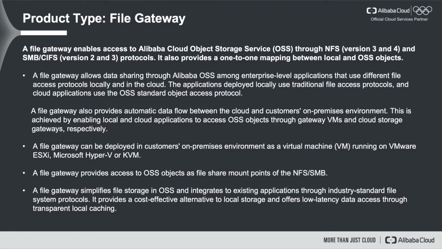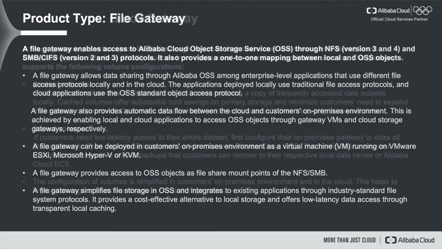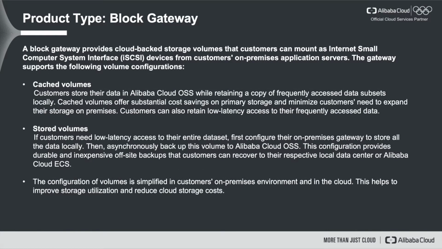A file gateway provides access to OSS objects as file share mount points of NFS or SMB. A block gateway provides cloud-backed storage volumes that customers can mount with the iSCSI protocol. We support the following volume configurations: cached or stored volumes.